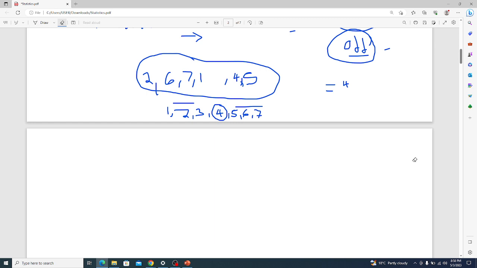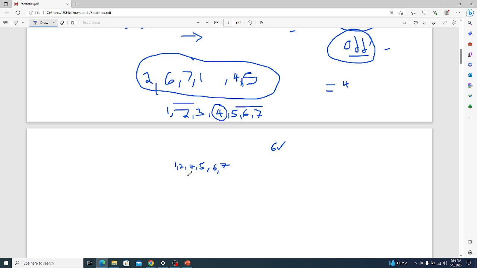4.5. Let's check that. So we have 1, 2, 4, 5, 6, 7. We have 6 values, and this is an even number, right?